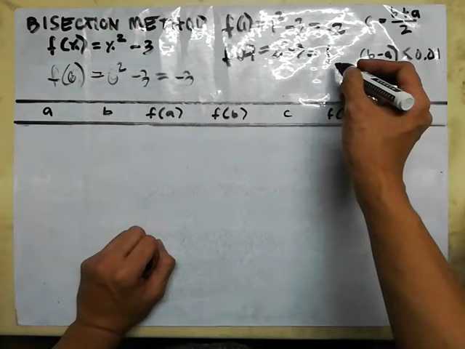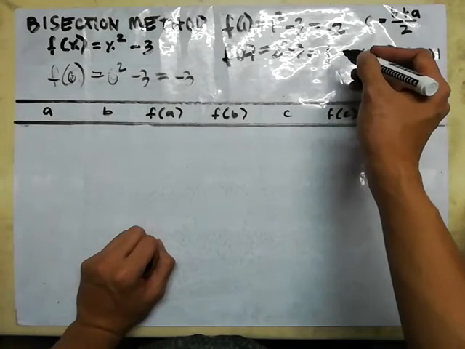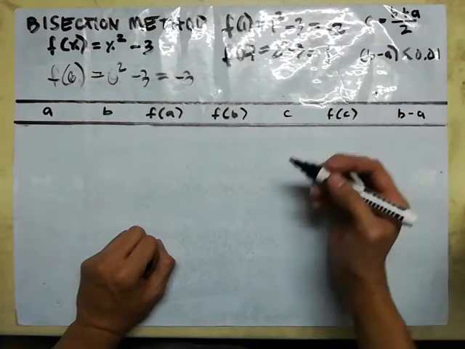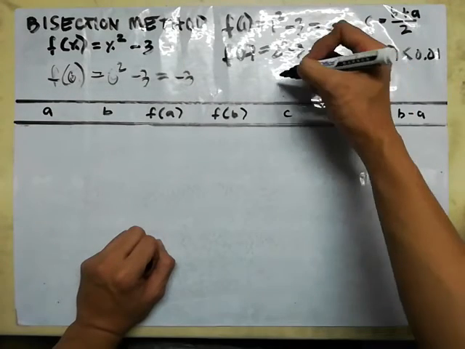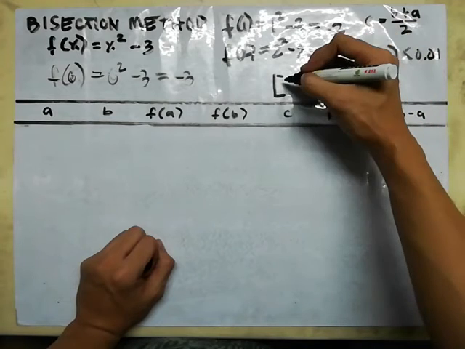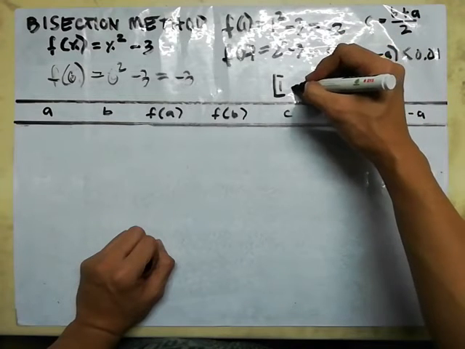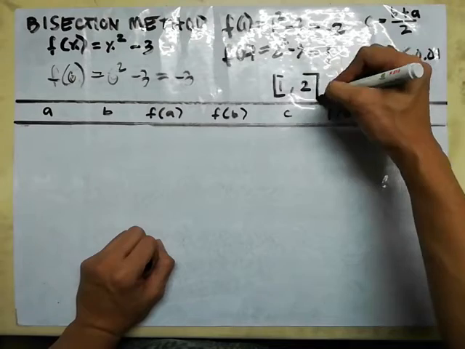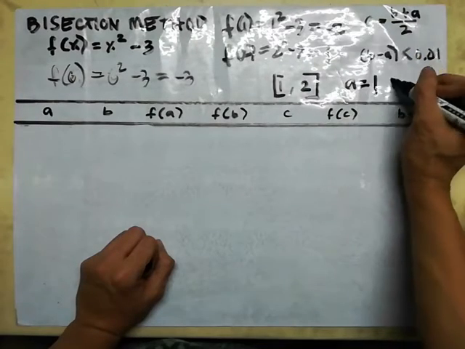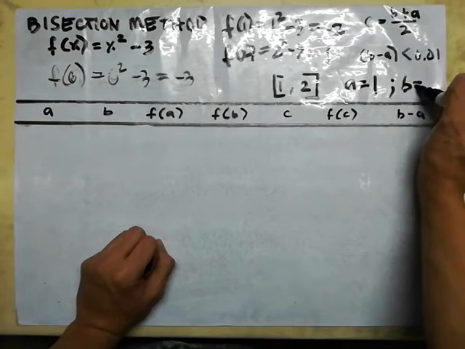Since here the sign of the function is changed, we know that our root is lying between 1 and 2, where a is equal to 1 and b is equal to 2.